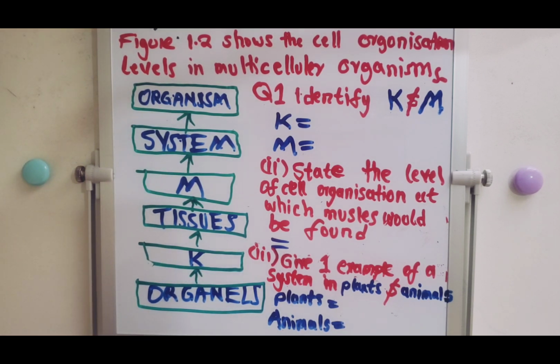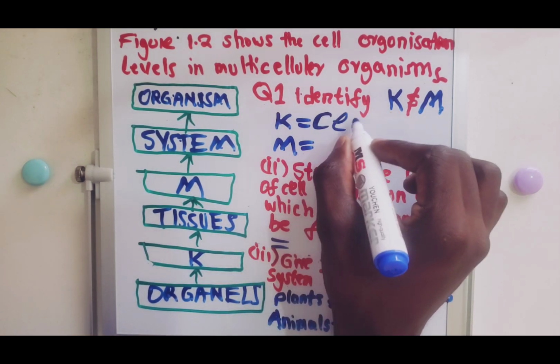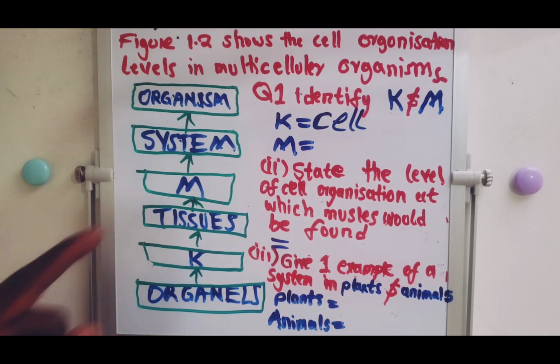All right. So firstly, organelles, when they come together, they make K according to the arrow, and K is no other than the cells, because a group of organelles forms the cell. Meaning K is a cell. All right, so K is cell. What about M?